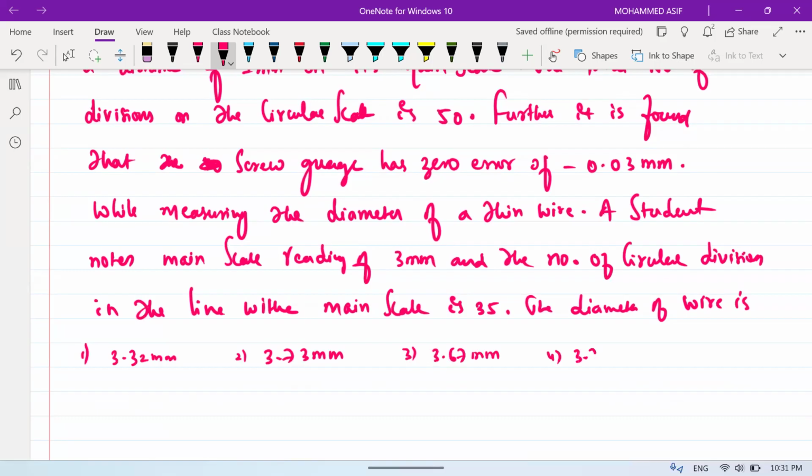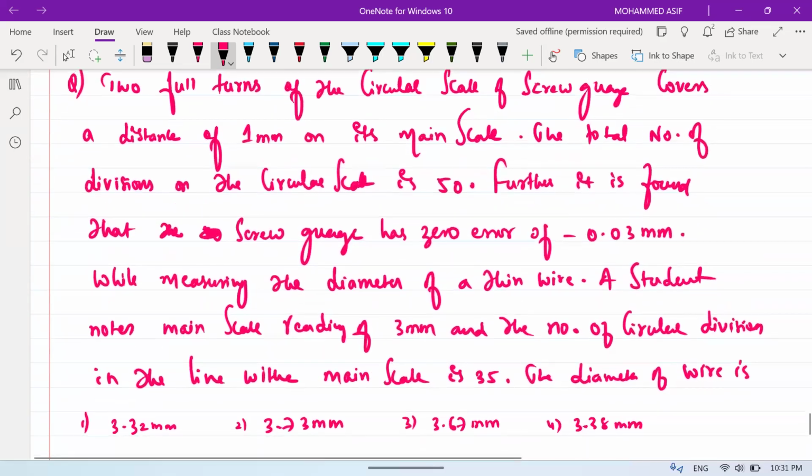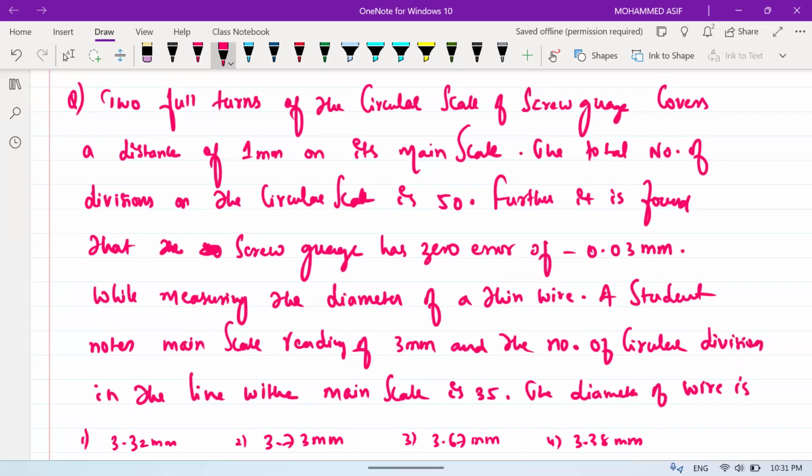And fourth option is 3.38 mm. Which option is matching the answer? Good question, but very good question.